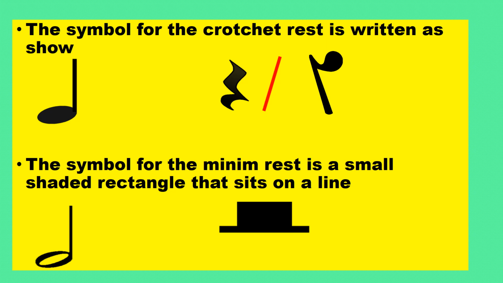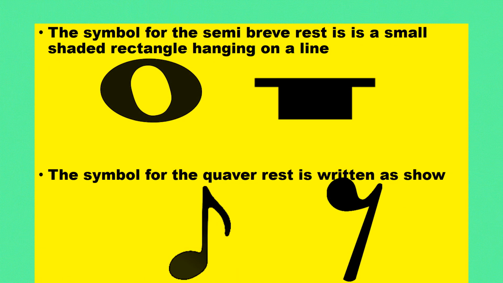You can see this is the symbol. So look at the different symbols of the notes. The symbol of the minim rest is a small shaded rectangle that sits on a line. This is the symbol of these 2 notes, the crotchet and the minim.